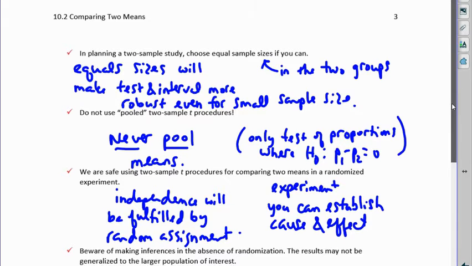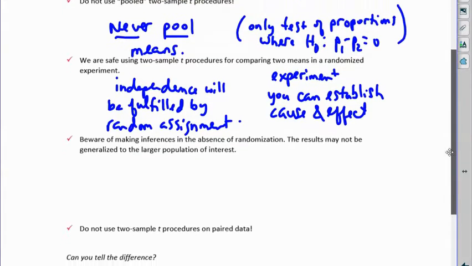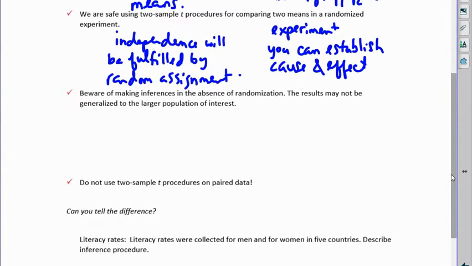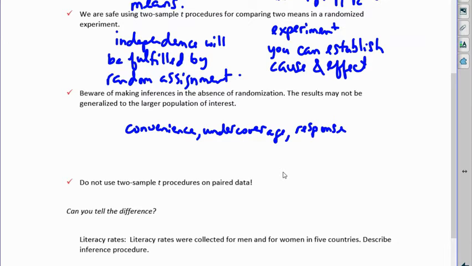And then you want to beware of making inferences in the absence of randomization. So we saw that if you have something that's convenience, or you have under coverage, response bias is terrible because that means you're getting some lies.